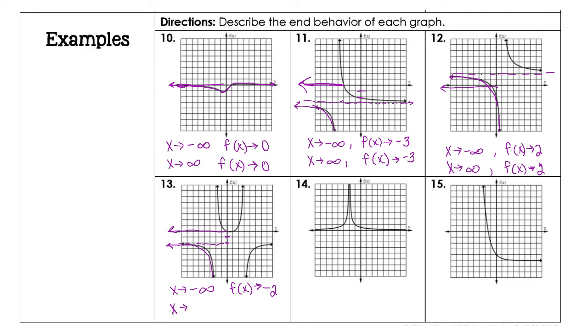And again, as x approaches positive infinity, f of x looks like it is approaching -2 on that side as well. So don't let this gobbledygook in the middle mess you up. You don't even pay attention to that, because we're really more interested in what's going on as x increases without bound and decreases without bound.